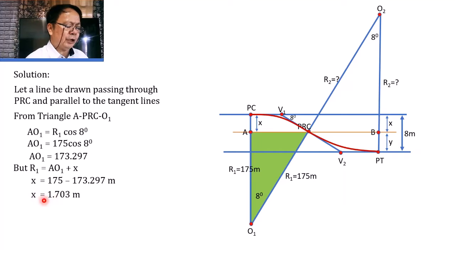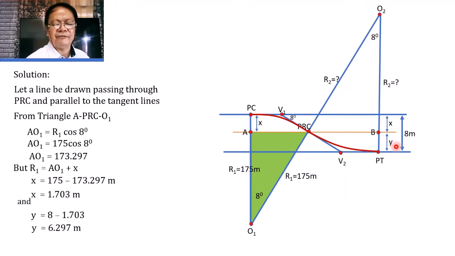Now, after we have solved for X, the sum of X and Y will be equal to 8. Therefore, we can solve for Y as the difference between 8 and X. So Y is equal to 8 minus 1.703, so that Y can be computed to be 6.297 meters.